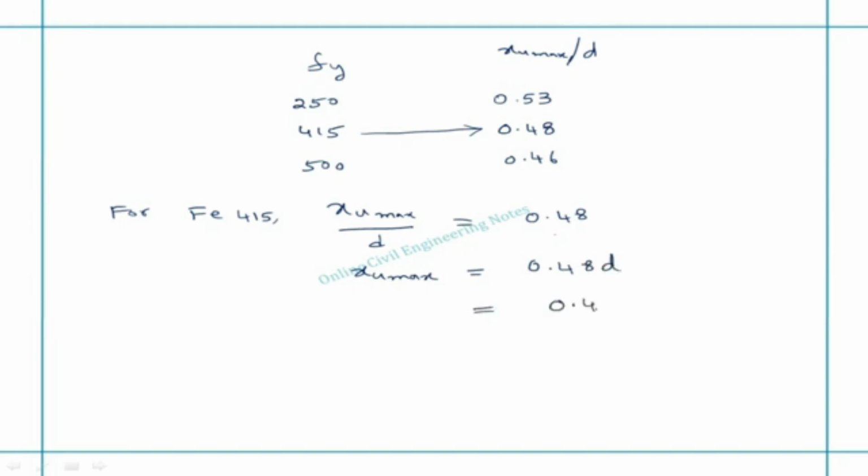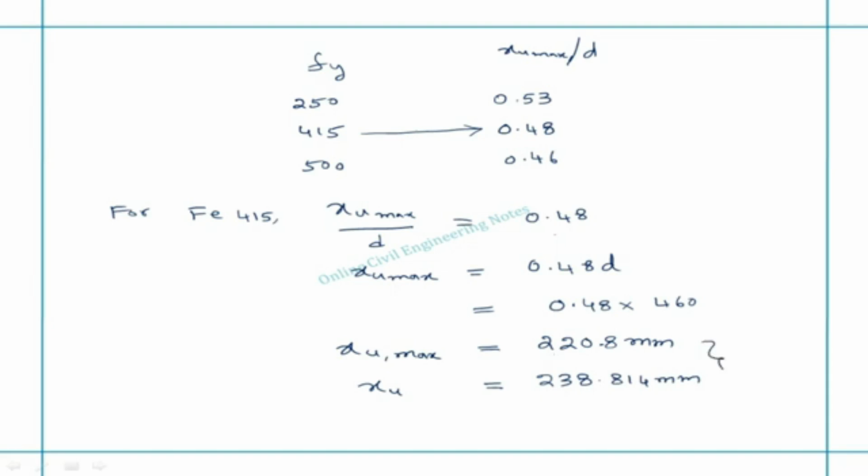We know D is the effective depth of the beam, that is 460 mm. XU max is equal to 220.8 mm. We have calculated neutral axis depth XU is equal to 238.814 mm.